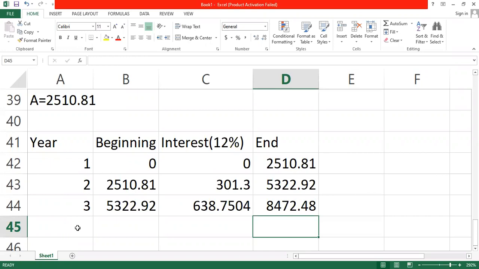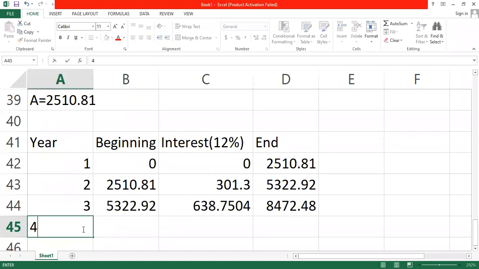And the company will now put additional money that they are depositing at the end of every year, which is 2510.81. So it's not that we are adding the opening balance. It is just a coincidence that the opening balance is equal to the amount that they are transferring at the end of every year. Okay. All right. Are you okay now? Yes.